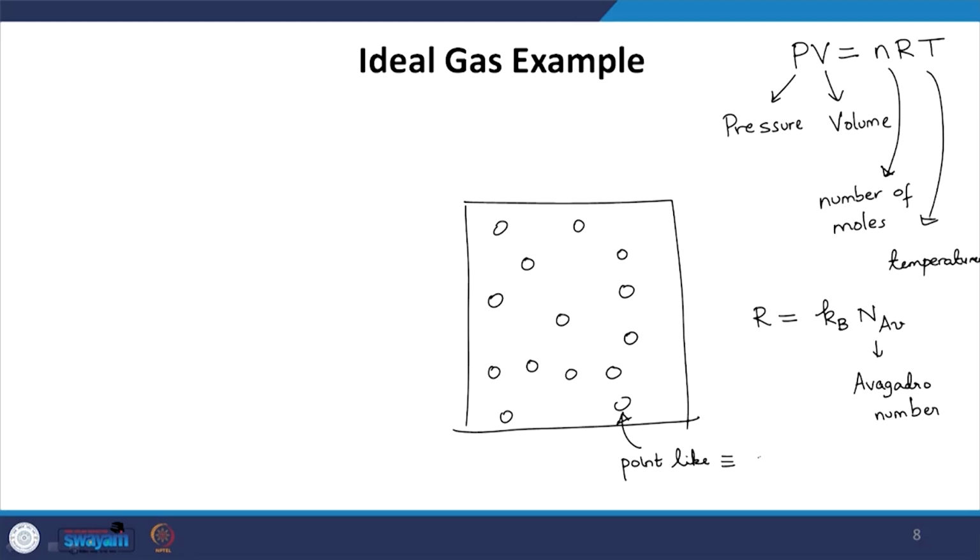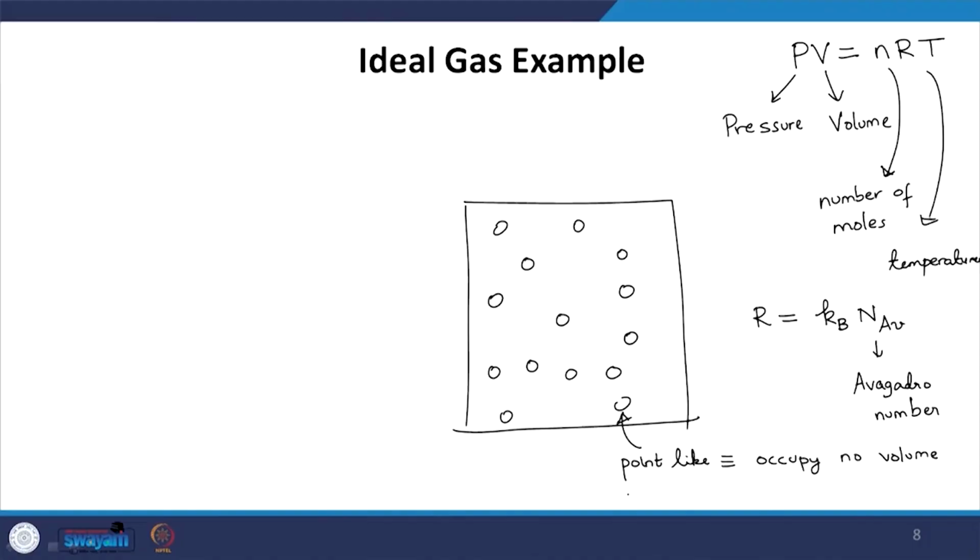That means they occupy no volume, which pretty much means that there cannot be any ideal gas, because how do we find something which has no volume? It should have mass, but it cannot have volume. Nonetheless, it is an approximation we make. It will hold true when the volume of the molecules is very small in comparison to the box.